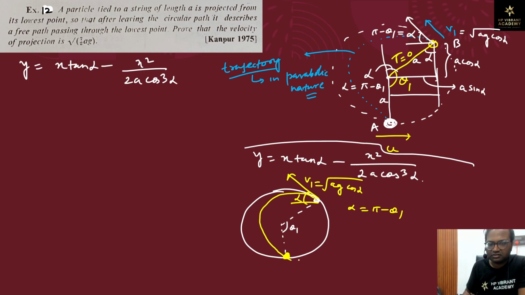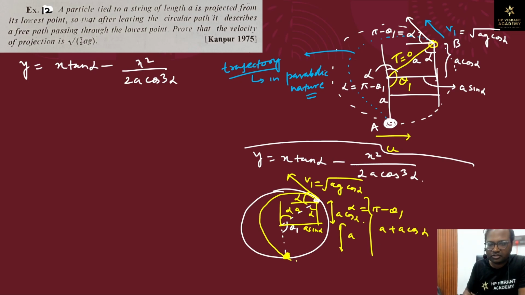So the coordinate of the bottommost point will be, so this angle is alpha. Okay, so in this triangle, this is alpha, so this is also alpha, and this is a. So this distance will be a cos alpha, this distance a sin alpha, and this distance is a. This whole distance will be a plus a cos alpha.